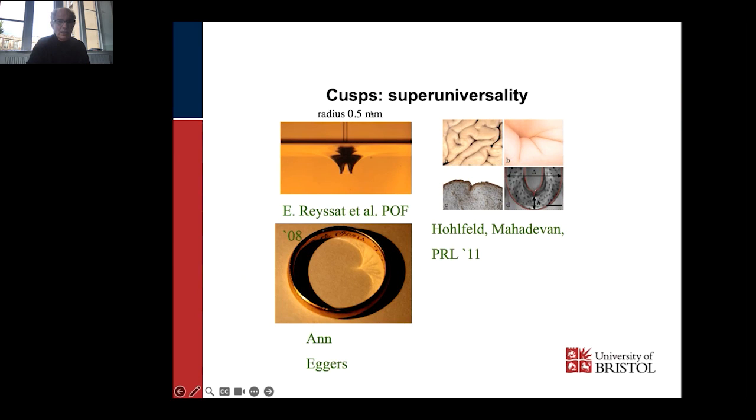Here you see a home experiment that's very easy to do. You take some olive oil, you pour the olive oil into a container, and if the speed of impact is sufficiently high, the free surface of the bath gets deformed into something that almost ends at a point, then returns here and merges back with the impacting jet.